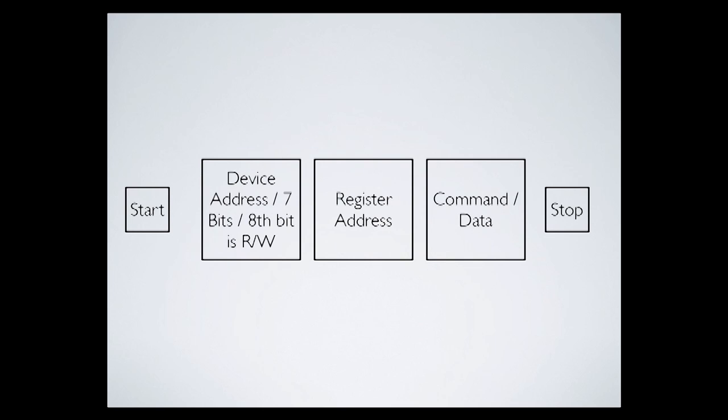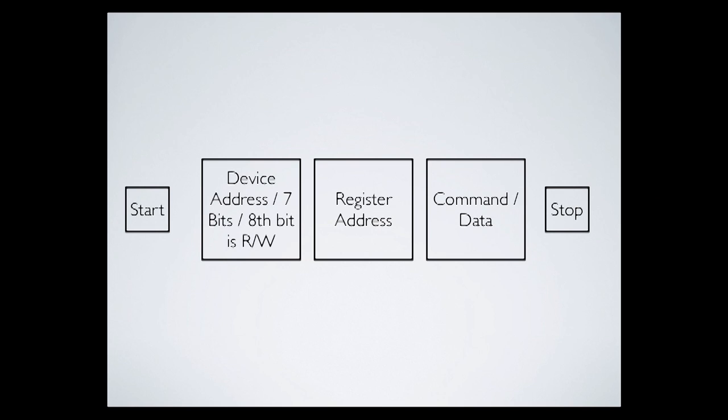What I said before is, you have a start, and then you have the device address. Now everything is in 8 bits, because it's 8-bit data, basically. So you have a start, then you have 7 bits of the address. Now here's where it gets a little confusing and confuses some people, because it actually uses the top 7 bits of the address. The lowest bit, which is the 0 or 1, is actually a read-write bit.